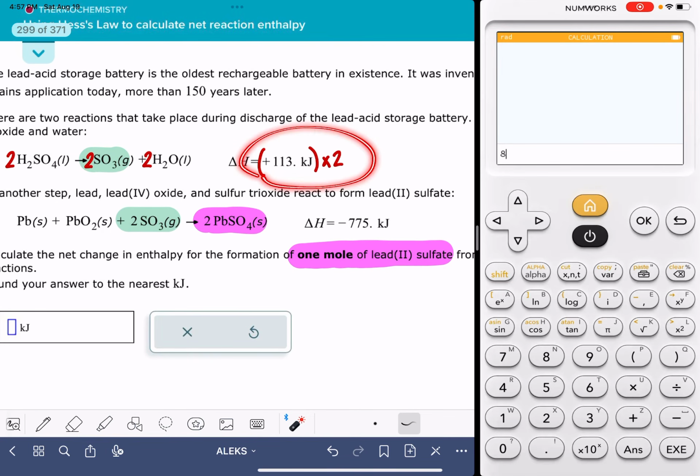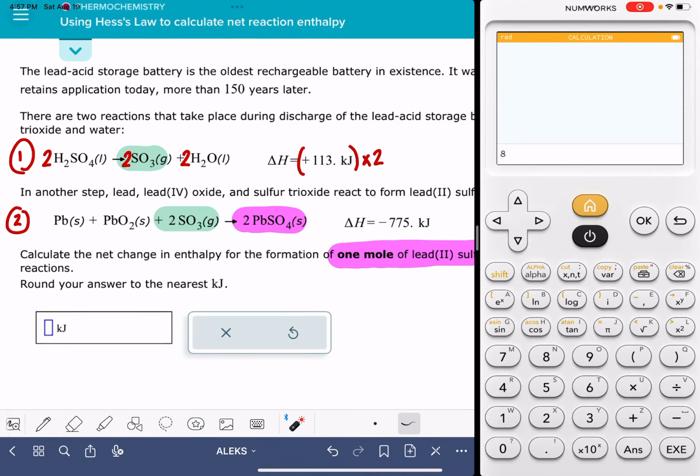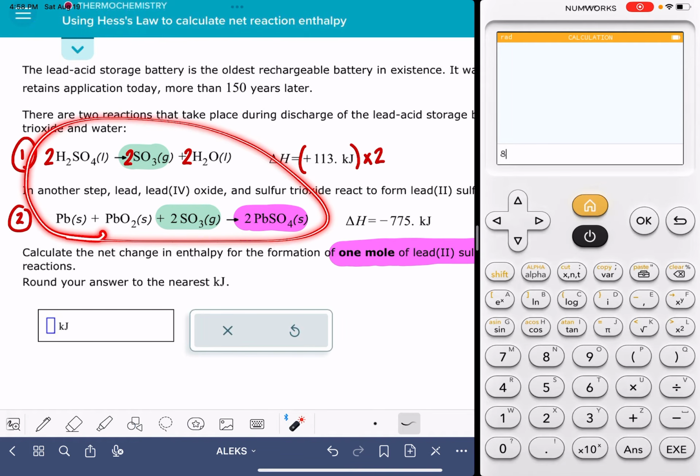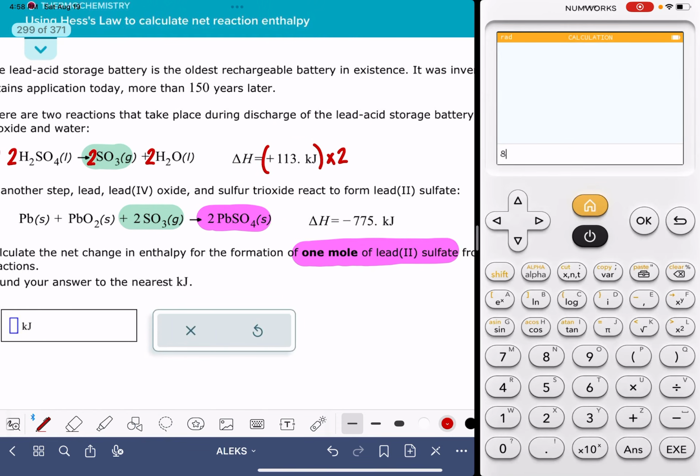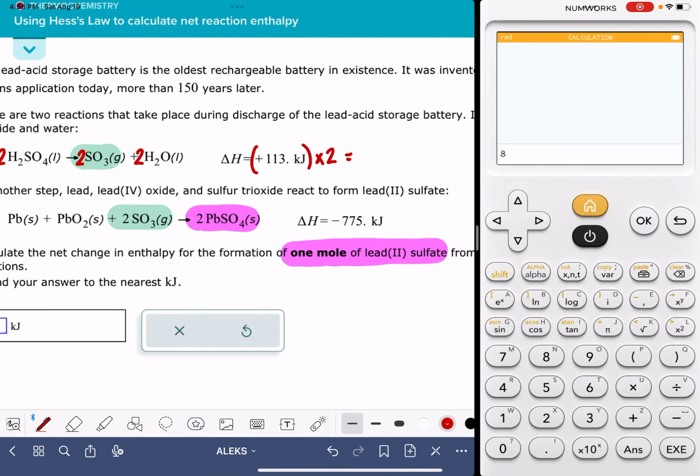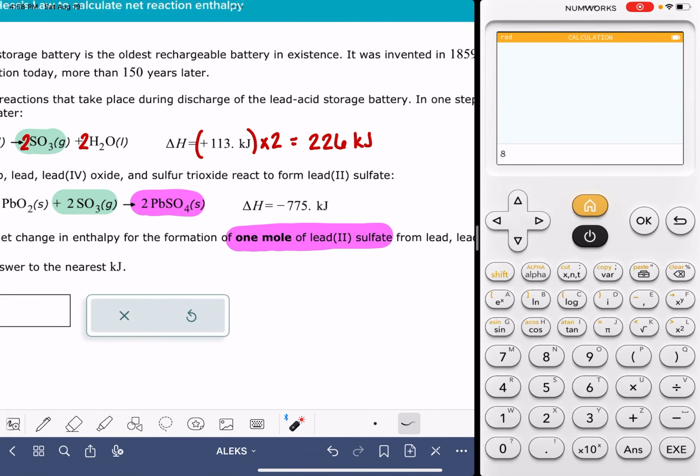Once you have that figured out, then we can add the two equations together if we wanted to, but we don't have to because ALEKS is not asking us to do that. It's asking us for delta H. So we're just going to jump straight ahead to adding those delta H values together. 113 times 2 is going to give us 226 kilojoules, and we are going to add that to the negative 775.